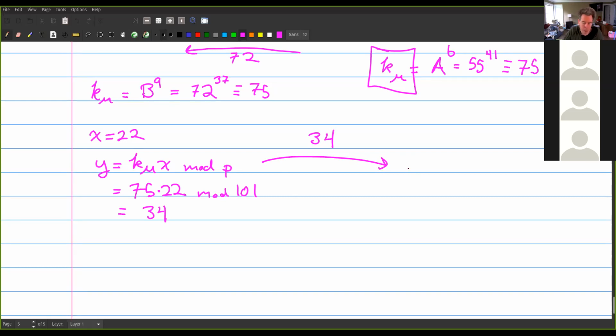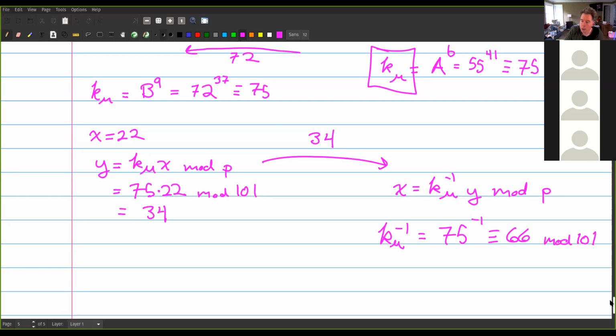Now, once Bob receives 34, he's supposed to decrypt by doing X equals KM inverse times Y mod p. So he needs to know what KM inverse is. KM inverse is 75 inverse mod 101, which turns out to be 66.